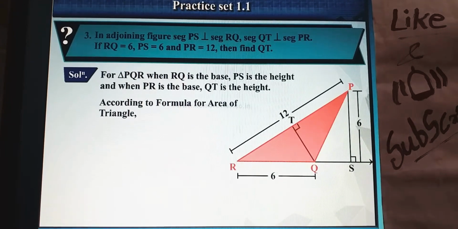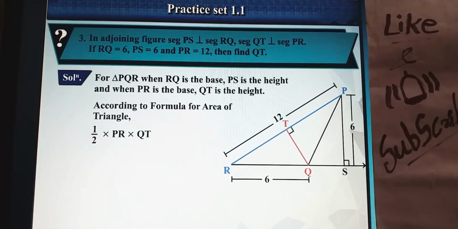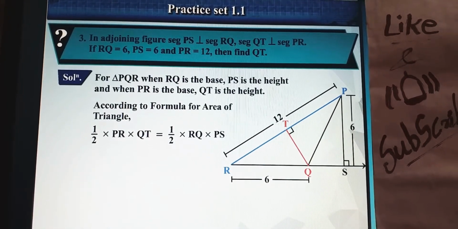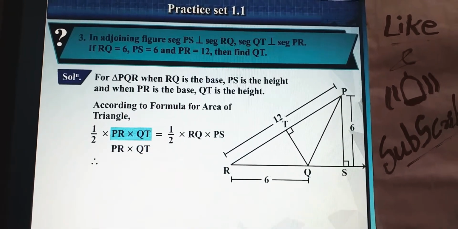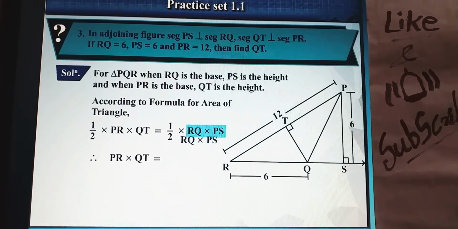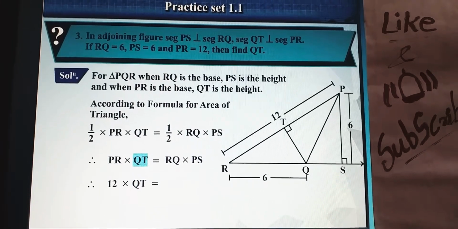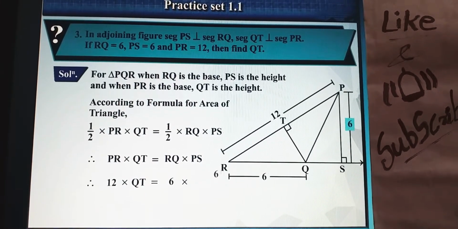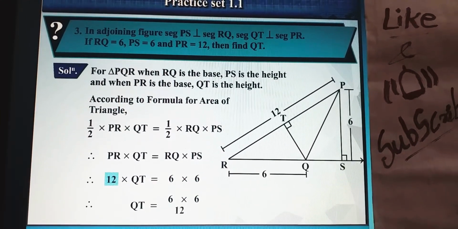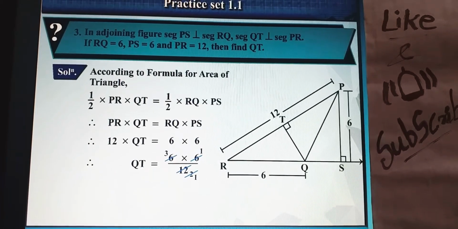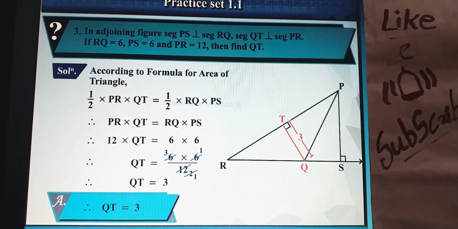According to the formula for area of triangle, 1 upon 2 multiplied by PR multiplied by QT is equal to 1 upon 2 multiplied by RQ multiplied by PS. Therefore, PR multiplied by QT is equal to RQ multiplied by PS. Therefore, 12 multiplied by QT is equal to 6 multiplied by 6. Therefore, QT is equal to 6 multiplied by 6 upon 12. After cancellation, we get 3. Therefore, QT is equal to 3.